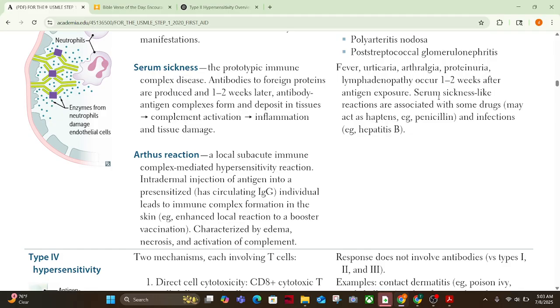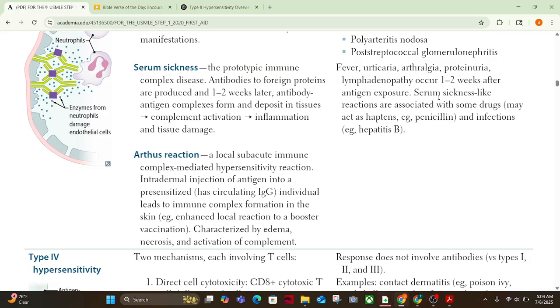So that's an antigen. So this booster shot is an antigen, and that antigen will mix with the IgG that's already in his blood from the first shot. And when the IgG and the booster shot antigen mix together, you get something known as Arthus reaction. So that's what I meant by this guy has been exposed to these antigens before a booster. When he first got injected, he got exposed, and the booster shot is what makes the reaction an Arthus reaction.